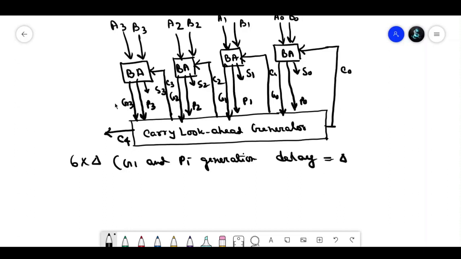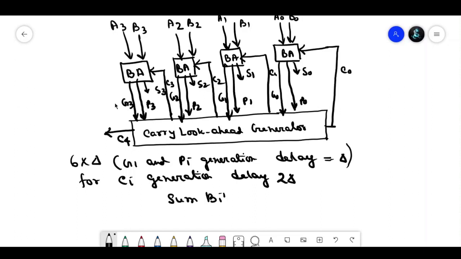For carry generation, for CI generation, the delay is 2 del, and for the sum bit SI it will be 3 del. So del is the average gate delay.